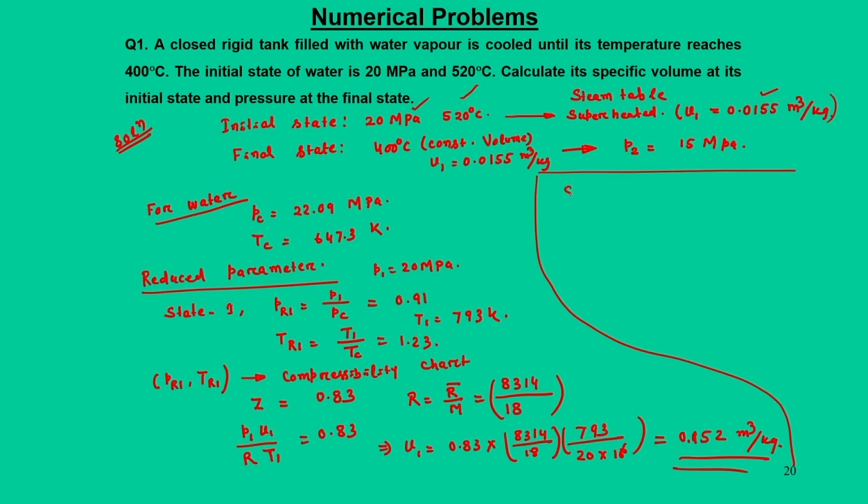Now, for state 2 we can follow a similar process, but here the process was a constant volume process, so you do not have data for pressure.